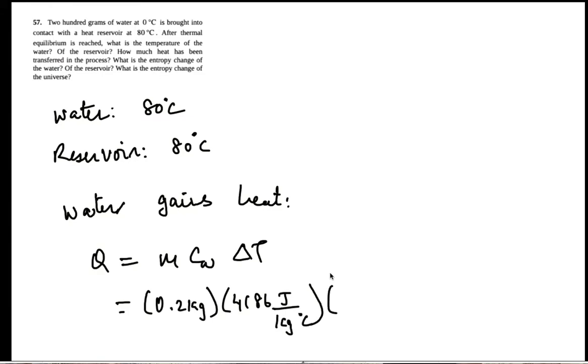Change in temperature of water is 80 degrees, 80 minus 0 degrees Celsius. So the heat absorbed by water is 6.74 times 10 to the power 4 joules.